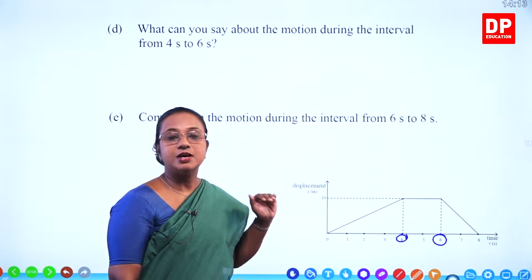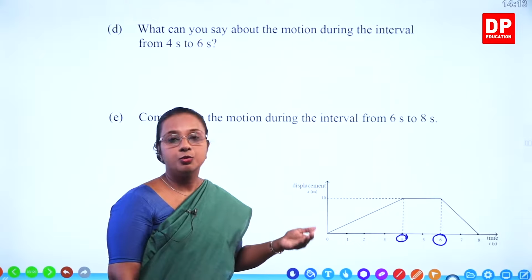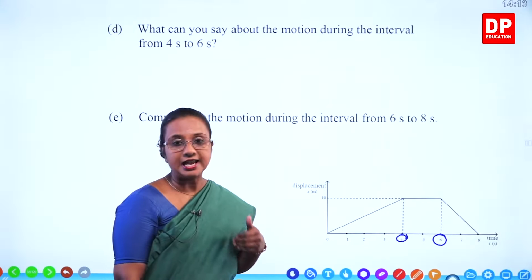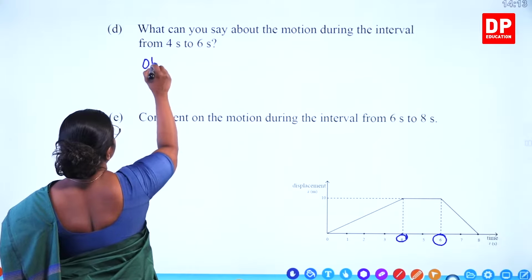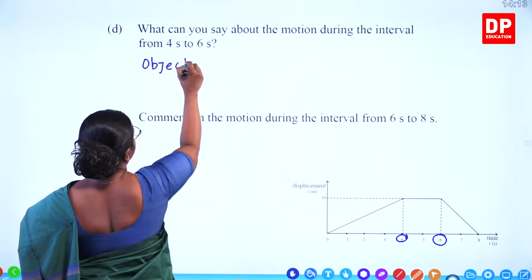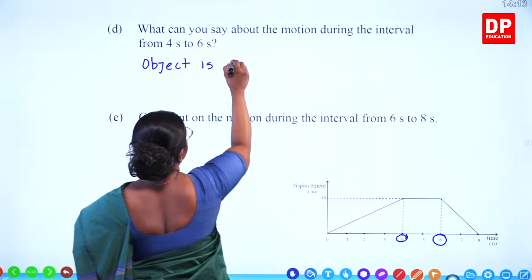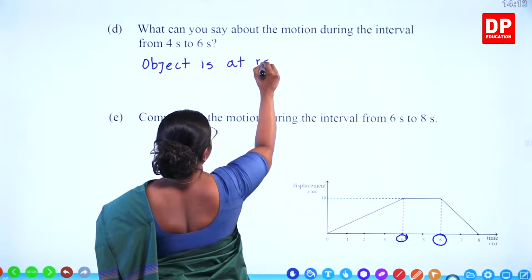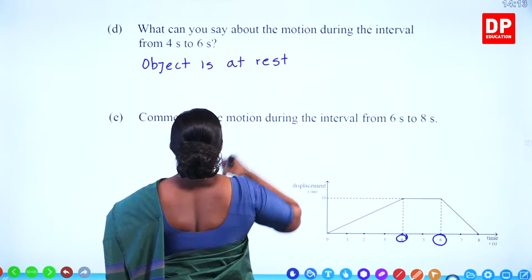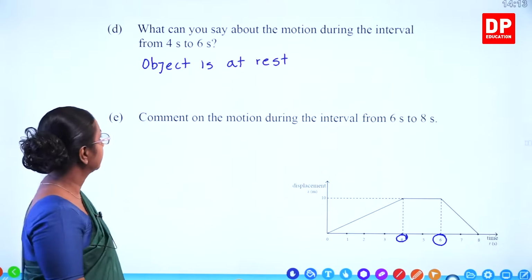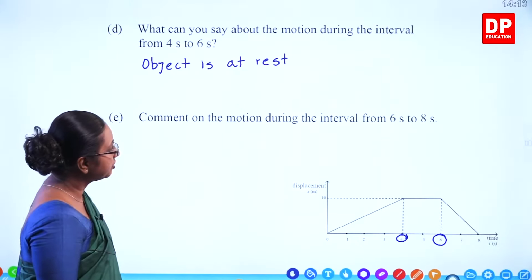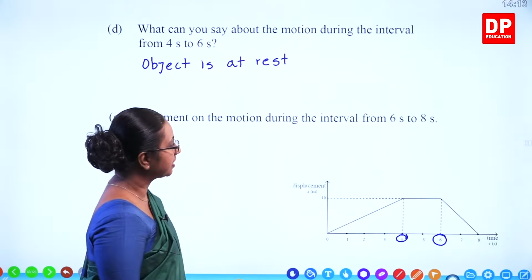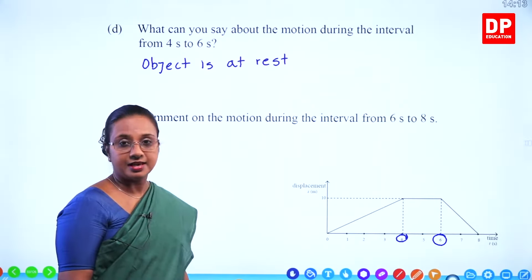So that means the object is not moving or the object is at rest. So we can write the answer as object is at rest.